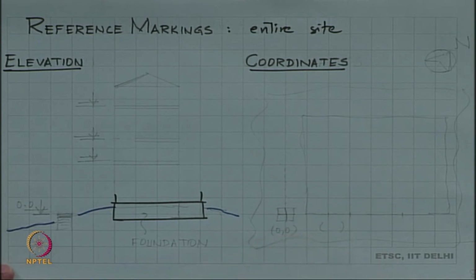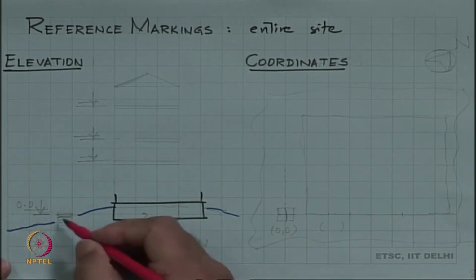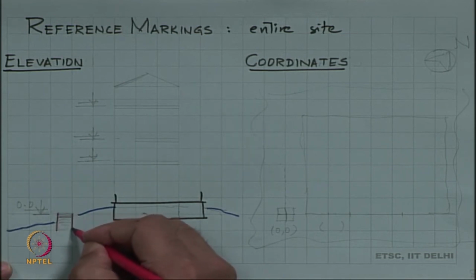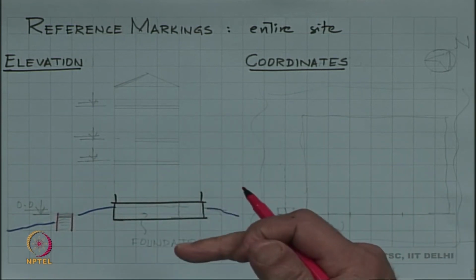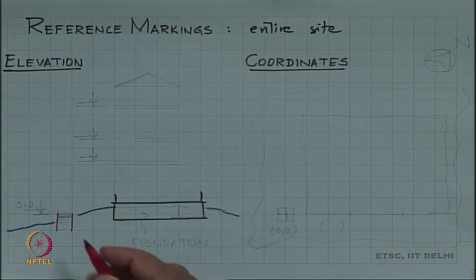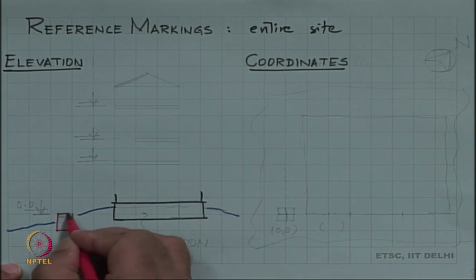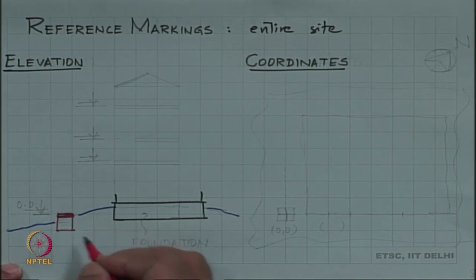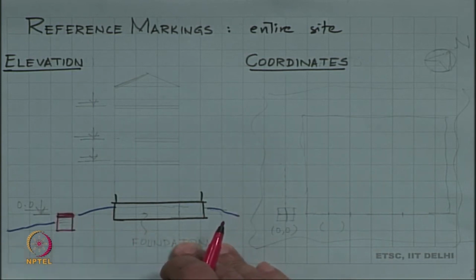So, what one does is on the site a particular marking is done, which is like a small pillar about half a meter square, which is fixed, and the top of it is taken as a reference.